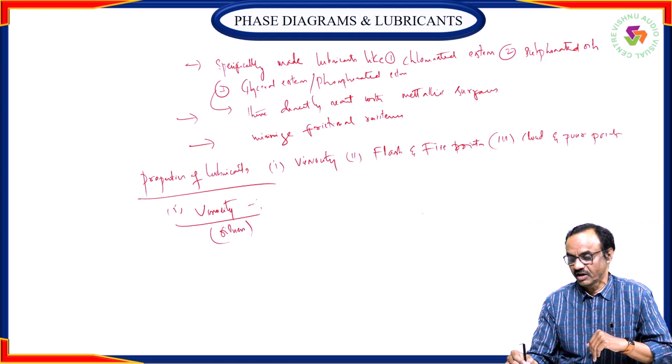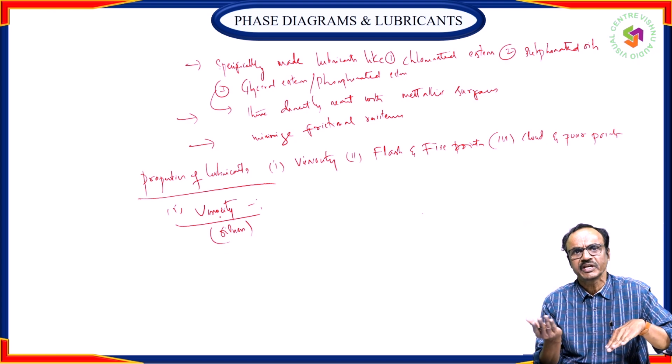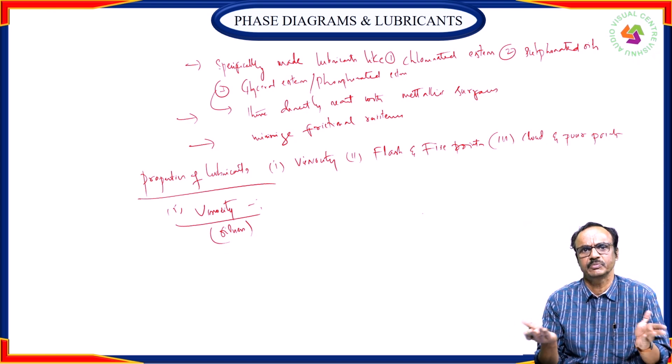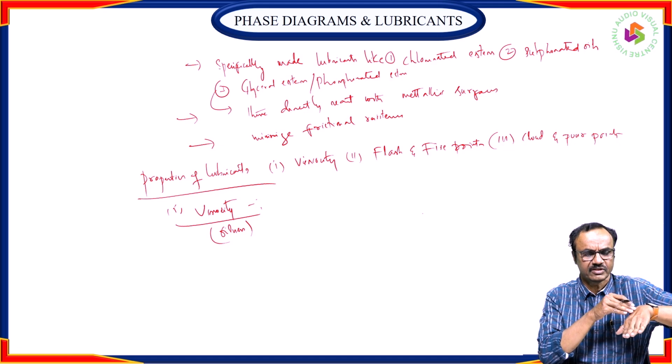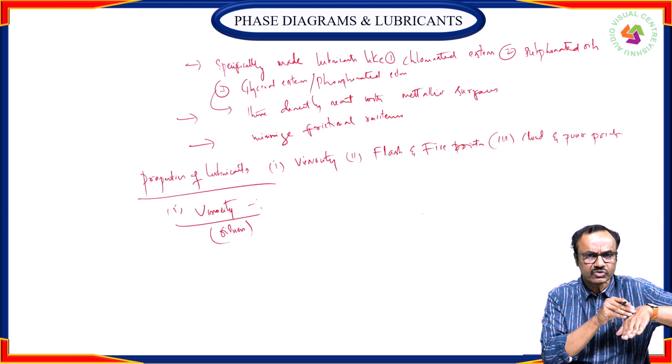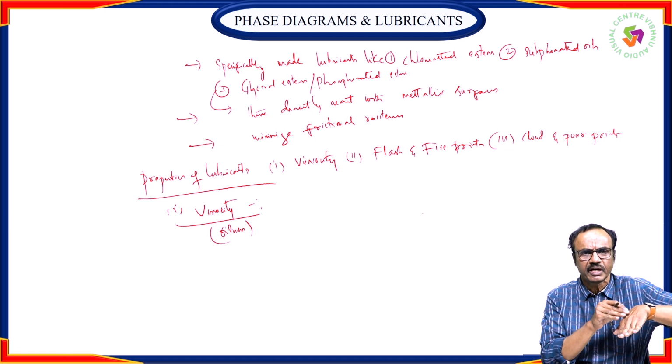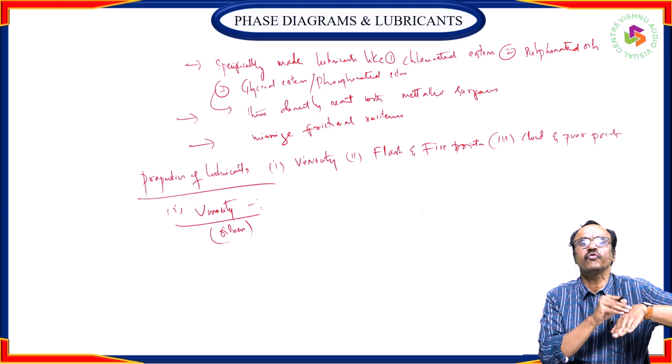So you can define it in your own words. Daily life experience: when you pour oil over a surface, it does not flow easily. It flows very slowly, and it resists its own flow.